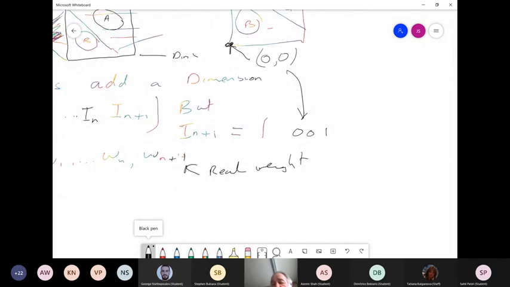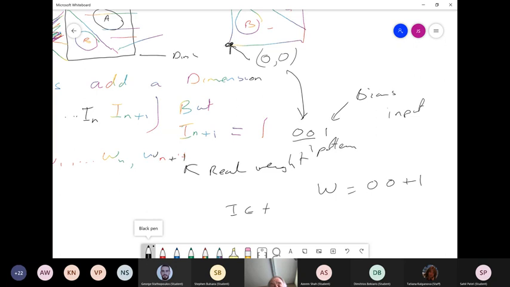That is the pattern data. This is the bias input. And if you wanted that input pattern at the origin 0, 0 to be classified as a positive class, then a weight vector W equals 0, 0 plus 1 would classify it, or that is if I belongs to the positive, or W equals 0, 0 minus 1 if I belongs to the negative class.